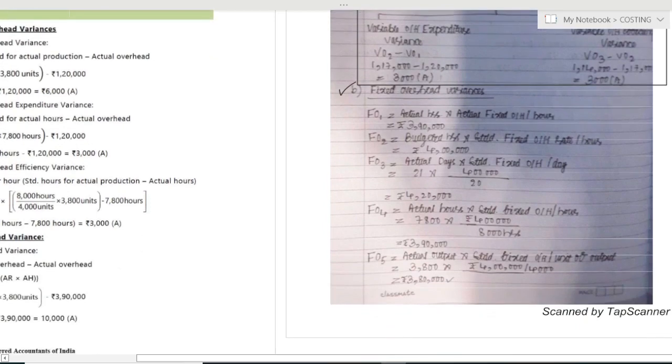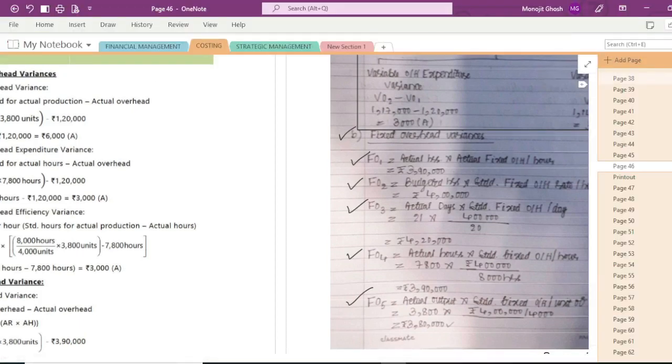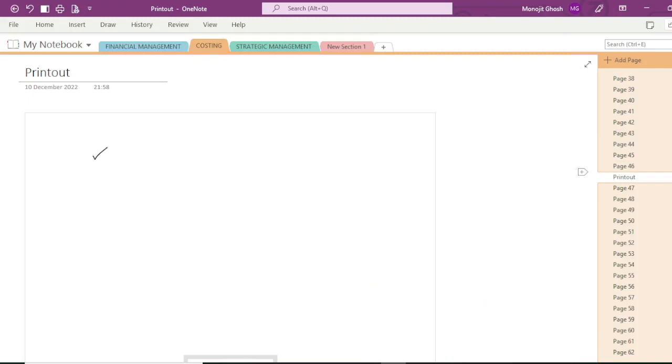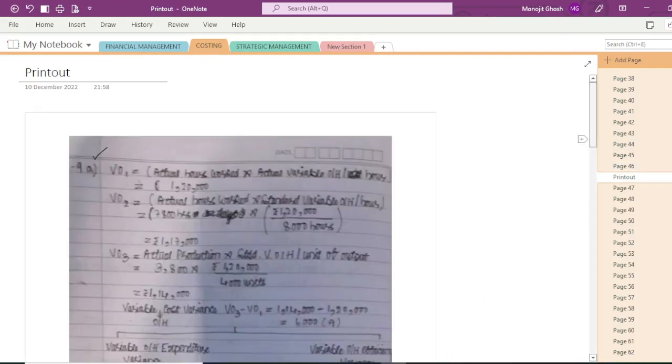Fixed overhead variances. Okay, in fixed overhead variances, first you have to compute all the parts, F1, FO1, FO2, FO3, FO4, FO5. Okay, these five. After computing all the five parts, then you have to prepare the chart.